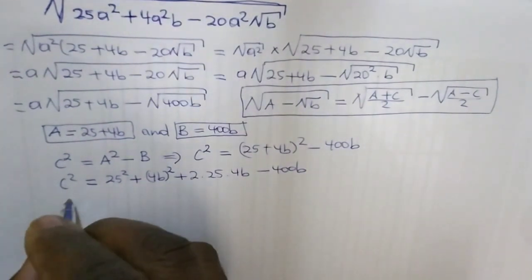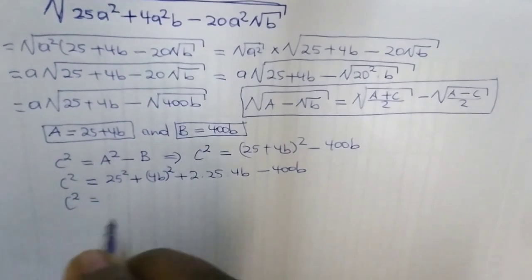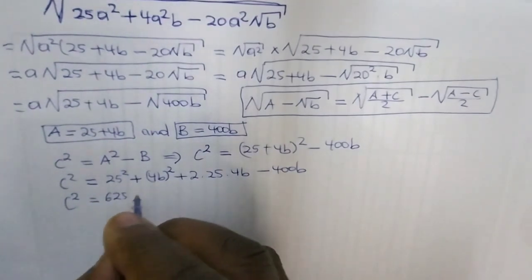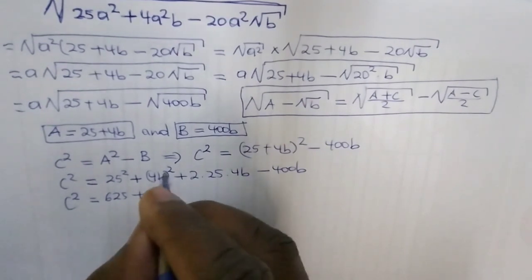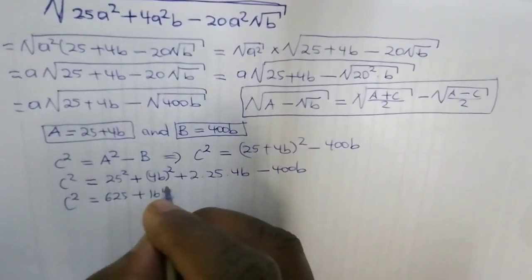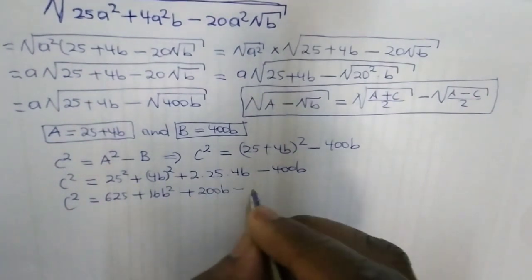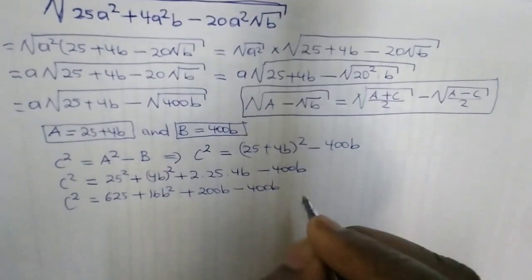This, ladies and gentlemen, will give us c squared equals 25 to the power 2, this is 625, plus 4 raised to the power 2 is 16b squared. Then plus 2 times 25 times 4, this is 200b, minus 400b.